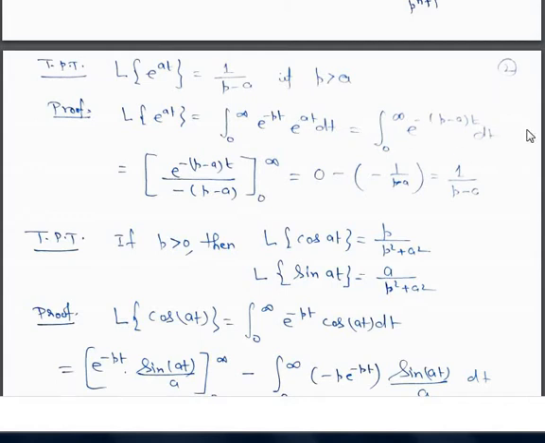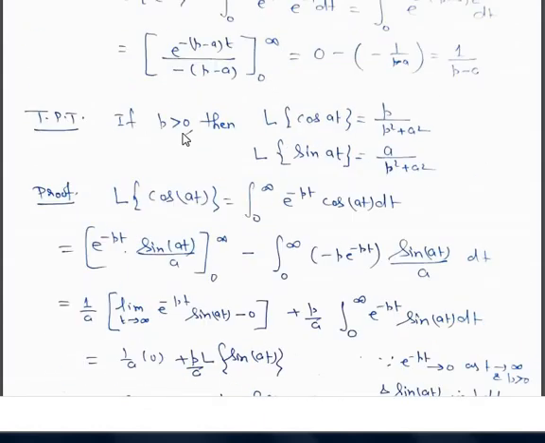Now integrate it. We have e to the power minus (p minus a)t upon minus (p minus a). Limits from 0 to infinity. Again if you put the upper limit, e to the power minus infinity is 0, minus 1 upon minus (p minus a). So this is equal to 1 upon p minus a. So Laplace transform of e to the power at is 1 upon p minus a.